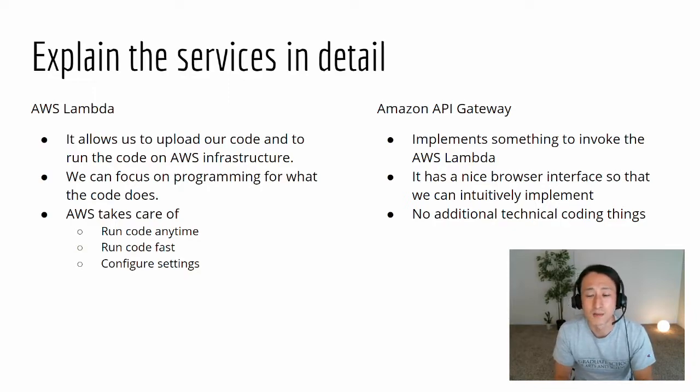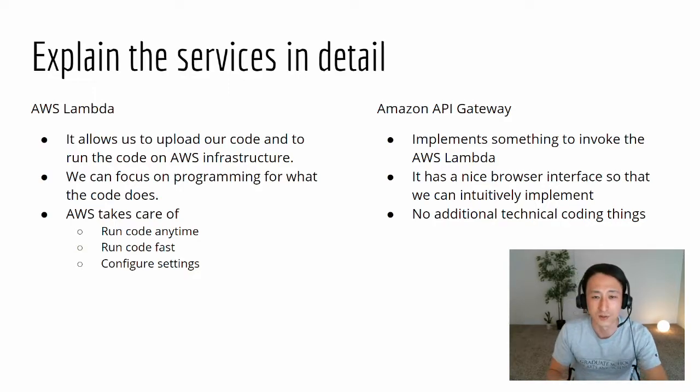And then Amazon API Gateway is something to invoke those AWS Lambda functions. And we should use Amazon API Gateway because it provides us a nice browser interface. We can intuitively implement this API.